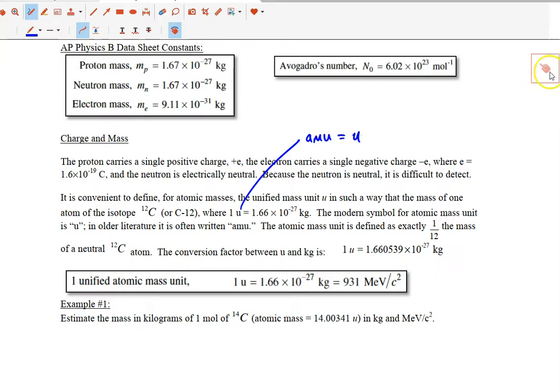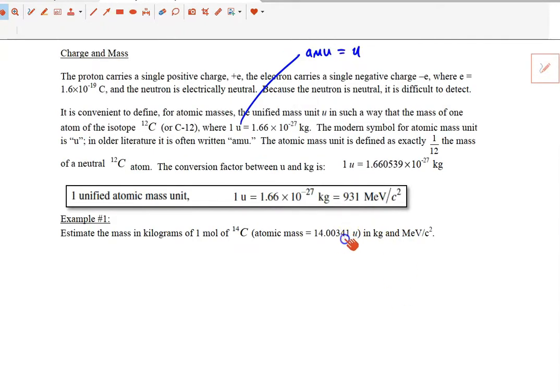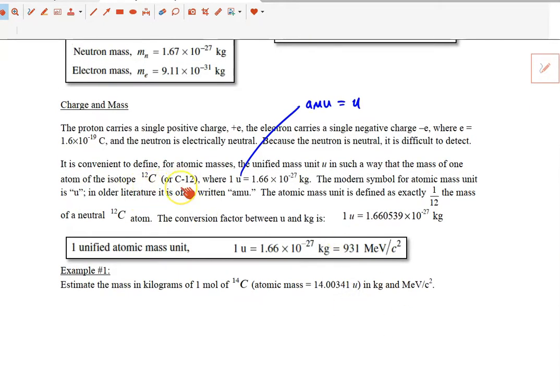So if you have, for example, one hydrogen atom, H-1, the mass of that is approximately 1 u. It's not exactly 1 u, because the u actually comes from the carbon-12 isotope, and we assume that this particular isotope, carbon-12, is exactly 12 atomic mass units.